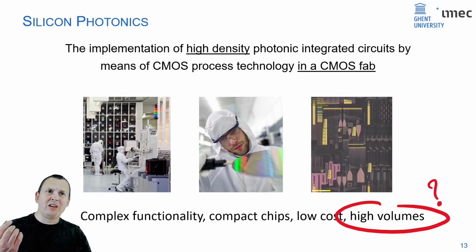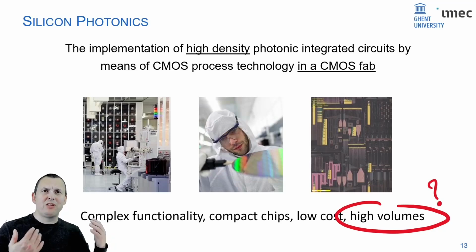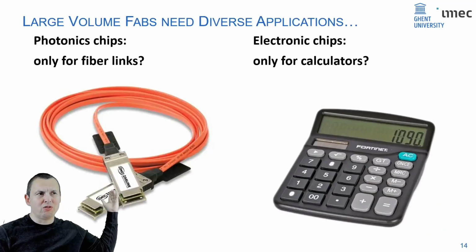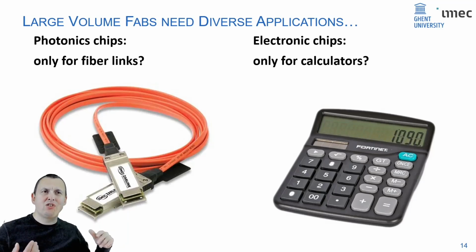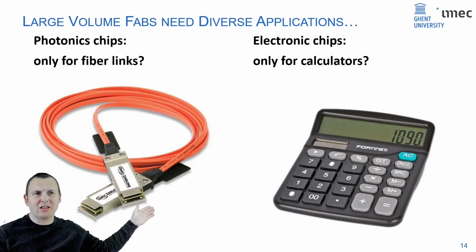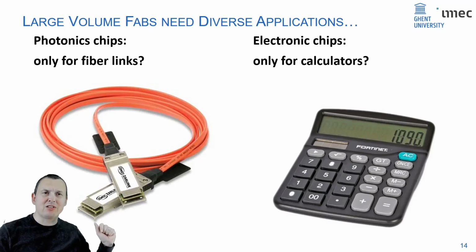Now, if we want to go to high volumes with photonics, we will need, just like with electronics, photonics chips that are used in a variety of applications. But today that is not the case. Today we see mostly that photonic chips are used in devices like this, transceivers, which is basically like saying that you can only use electronics in devices like calculators. But that's not what happens today.